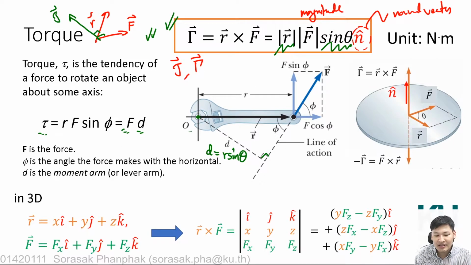Since torque is the vector r cross F, vector r can be in 3 dimensions and F also can be in 3 dimensions.